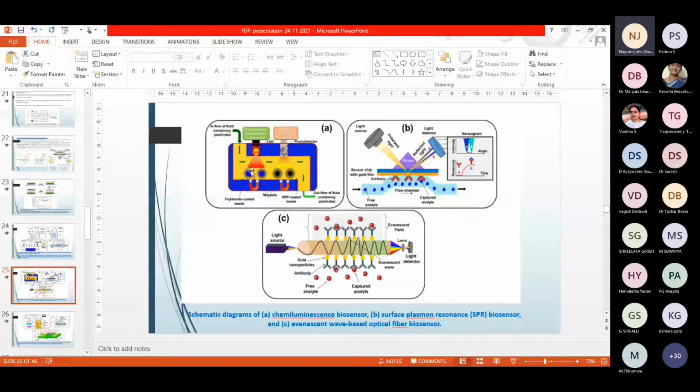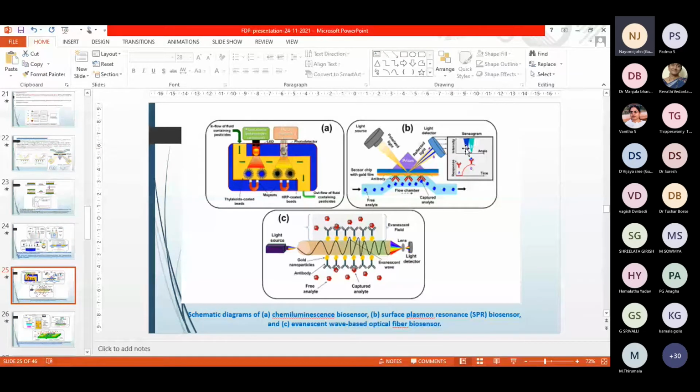Just now we understood about surface plasmon resonance: polarized light hits the electrically conducting material at the interface between the two materials, glass and liquid, and the change of the angle can be detected. Here you can beautifully see the change of the angle in presence and in absence of the analyte. In the same way, there is another optical fiber biosensor, the evanescent wave.